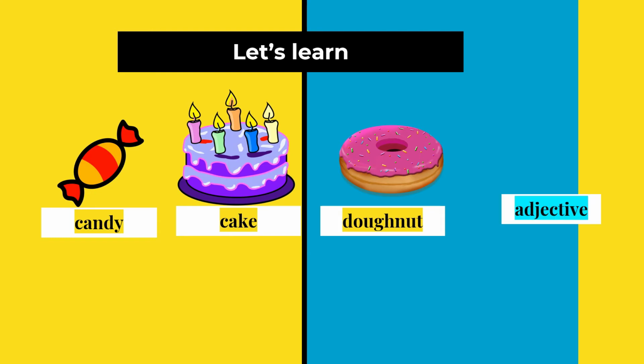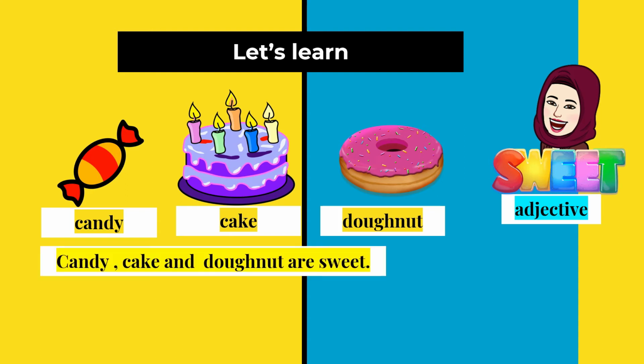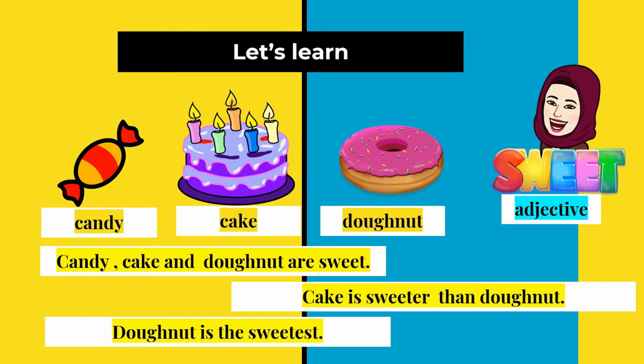Yes, sweet. How do we say all these are sweet? Candy, cake, and donut are sweet. Cake is sweeter than donut. And donut is the sweetest. Do you agree with me?